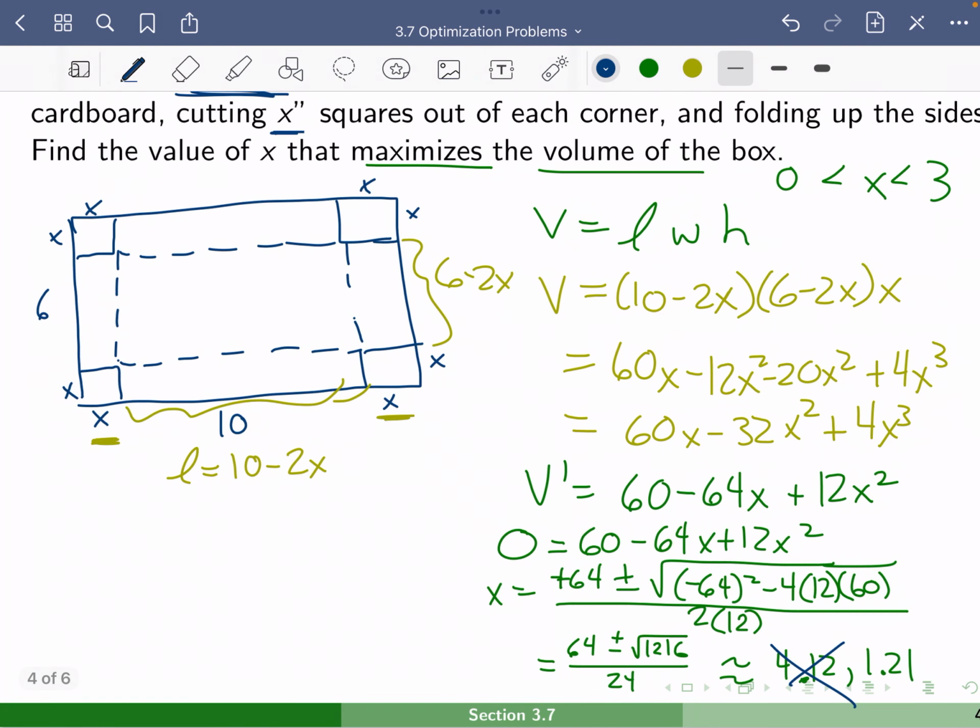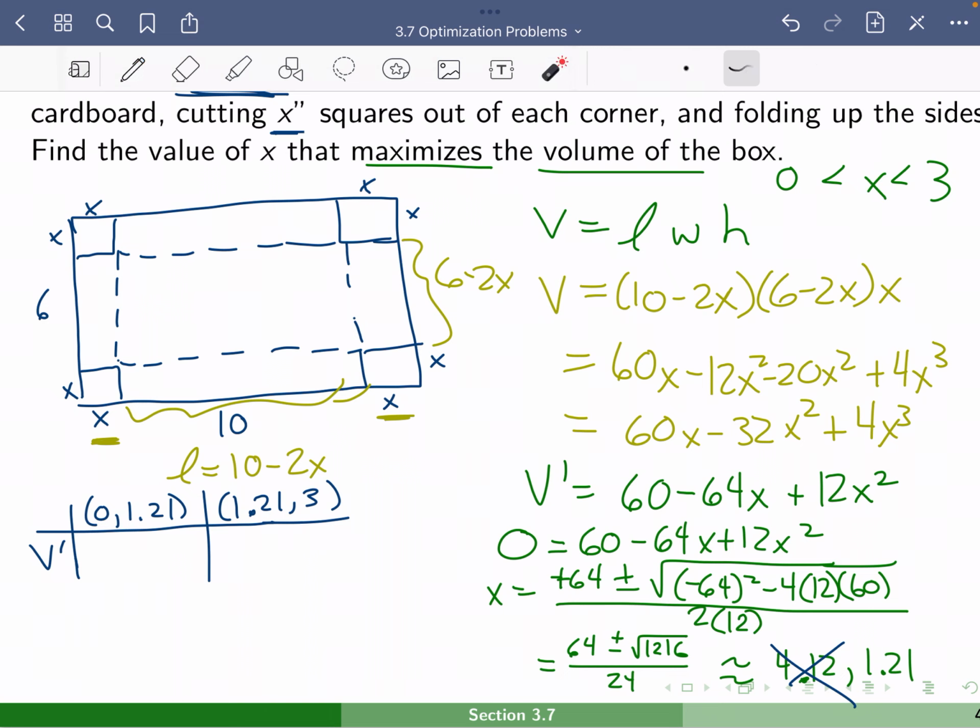And let's do a sign chart for the derivative of our volume. We'll go from 0 to 1.21, and then from 1.21 up to 3. If you plug 1 into this, you're going to have 72 minus 64, which is a positive number.